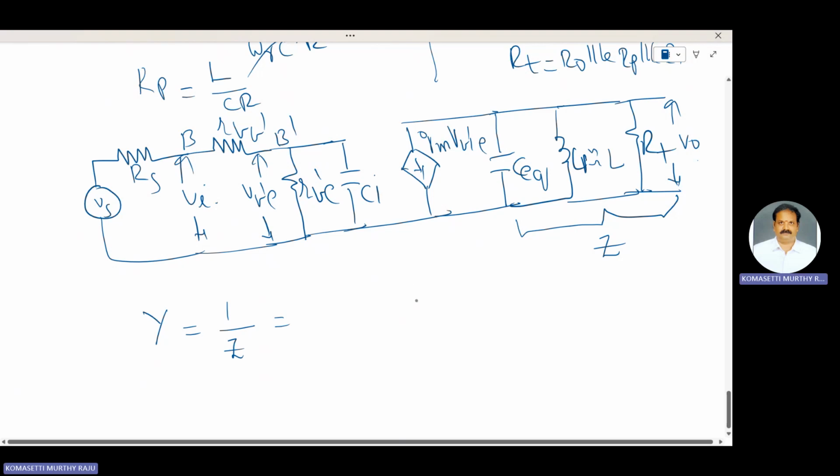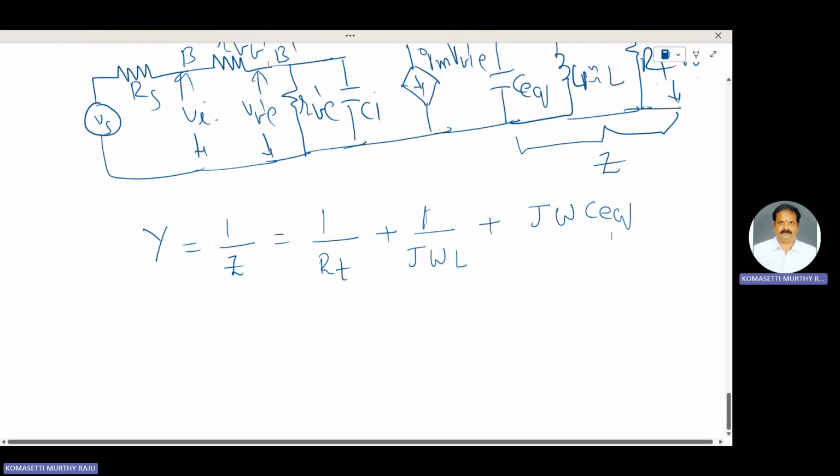Consider admittances. Admittance of RT is 1 by RT. Admittance of inductance is 1 by jωLP, and LP is approximately equal to L, so 1 by jωL. Admittance of that capacitance is jωC equivalent.